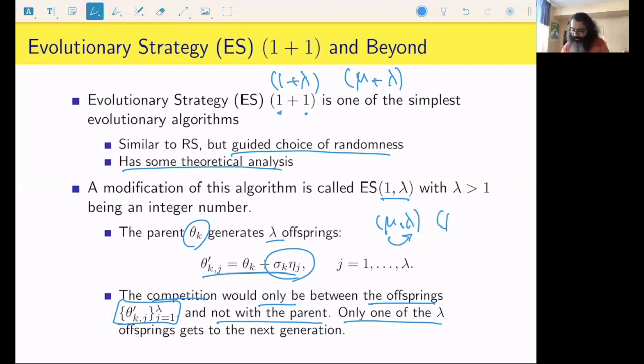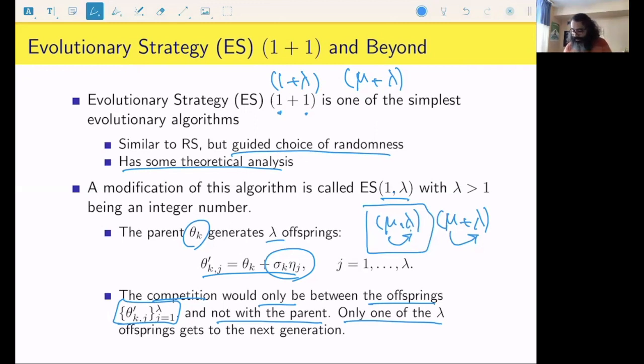If they write mu plus lambda, it means that from mu parents we generate lambda offsprings, but the selection is among both of them, both parents and offsprings. In the case of competition only between offsprings, it is possible that the best you can find is worse than your parents, so the generation might become worse than before.